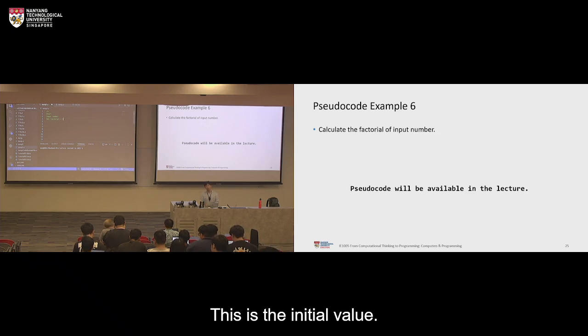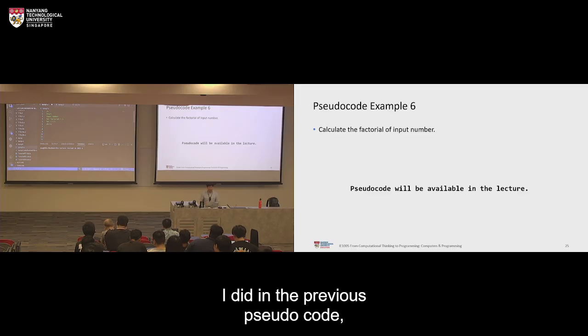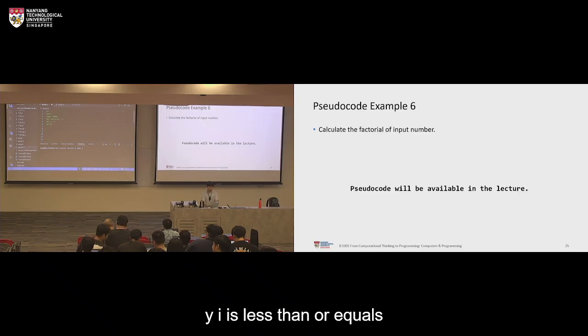This is the initial value. Okay, and then set I equals 1. Then, as I did in the previous pseudocode, while I is less than or equal to number.